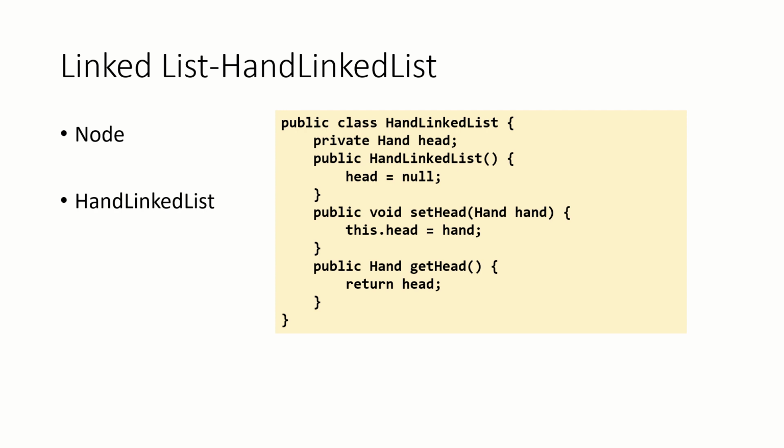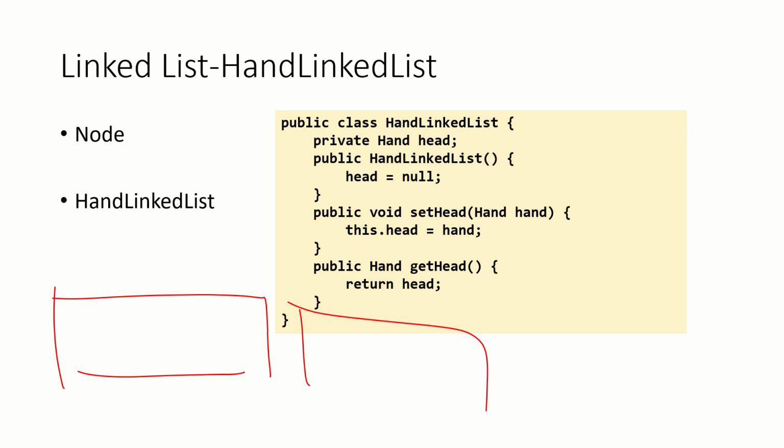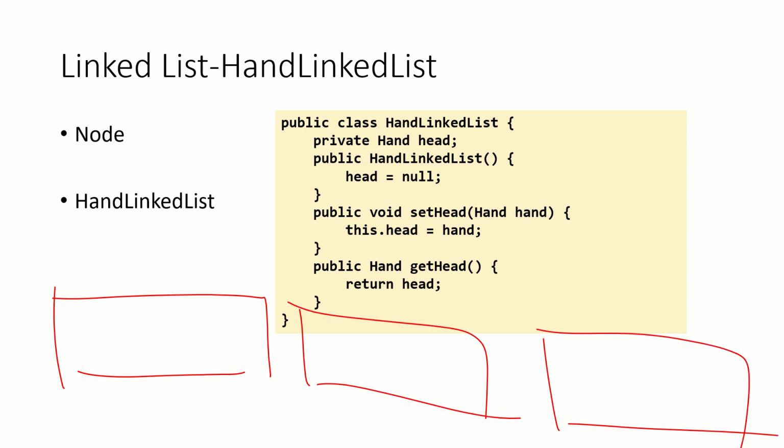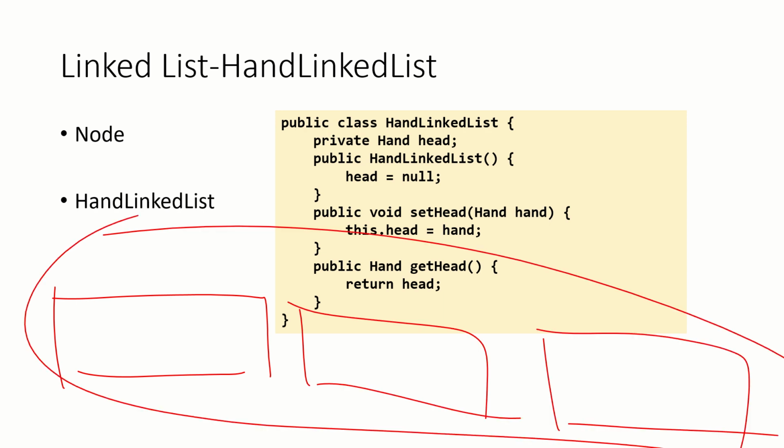So for this class, the property would be head. This whole list, all the individuals linked together, we see them as a linked list, as a whole body, not individuals.